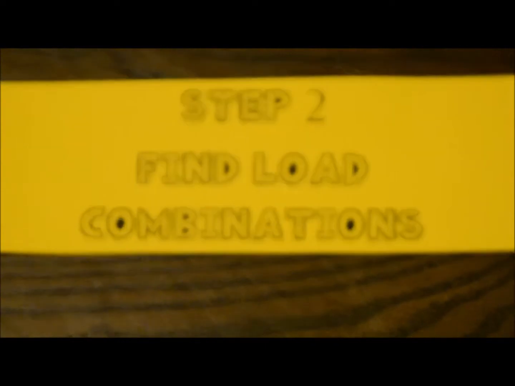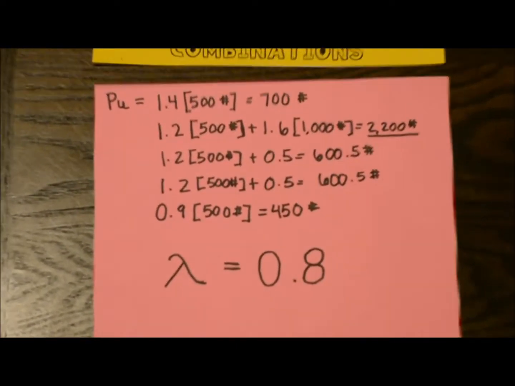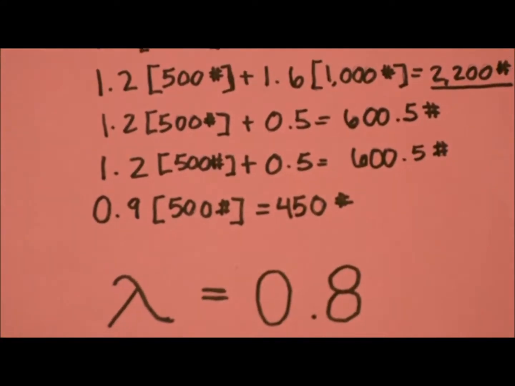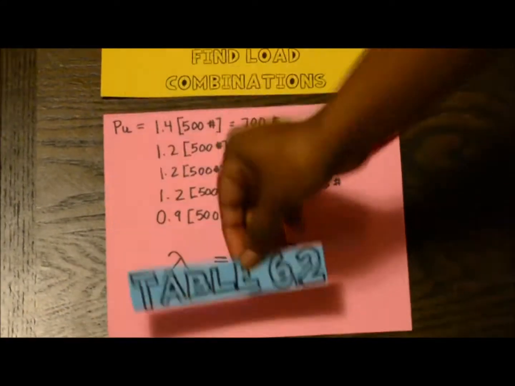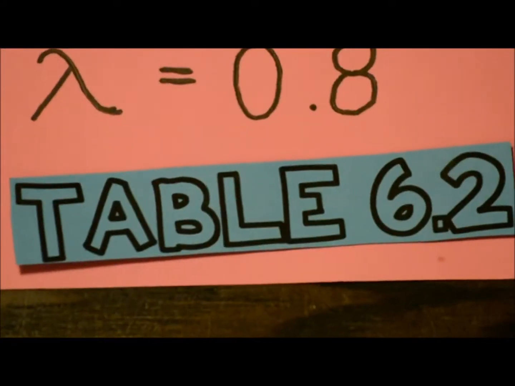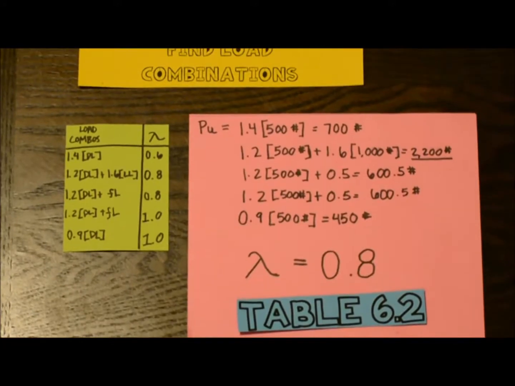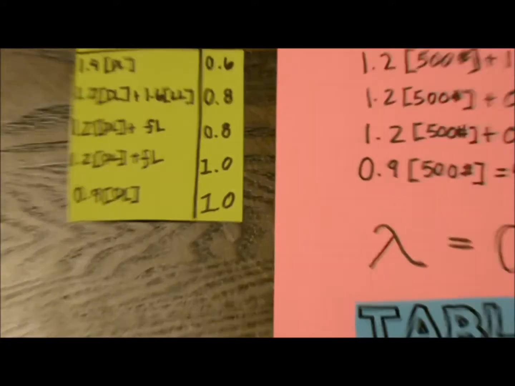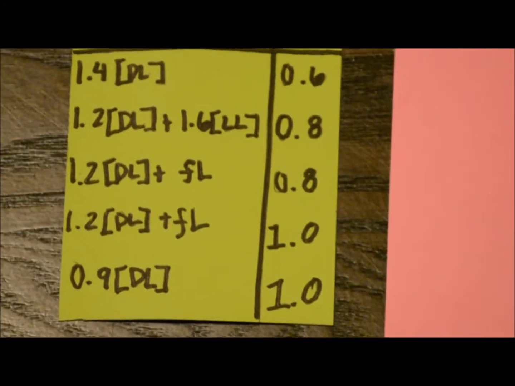Step 2. Find the load combinations. So here you can see that we have PU equal to, wait, what are these equations? Where did we get them? Table 6.2. Awesome. So on the left you can see our load combination equations. And this again is from table 6.2.